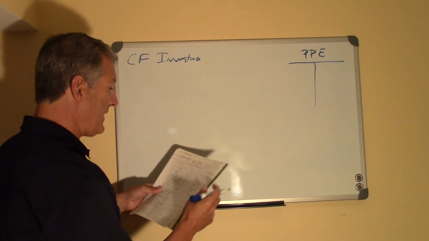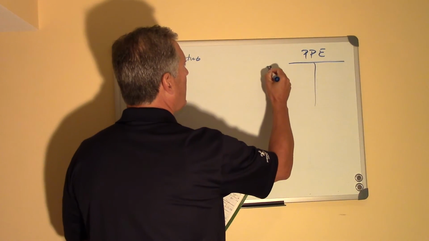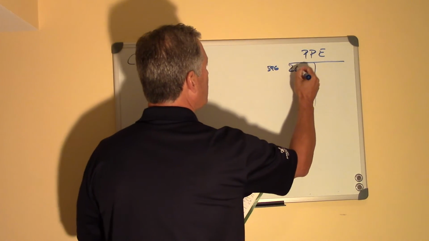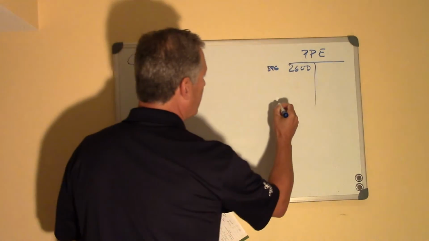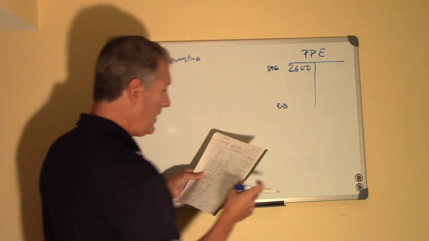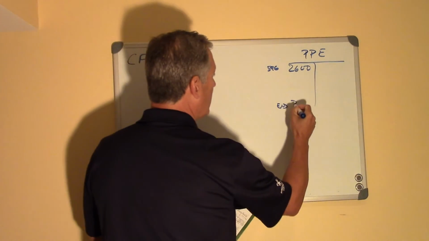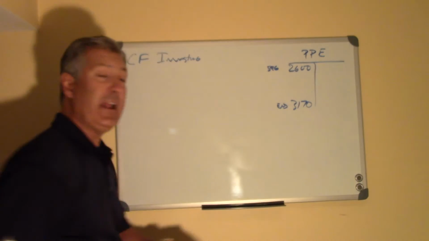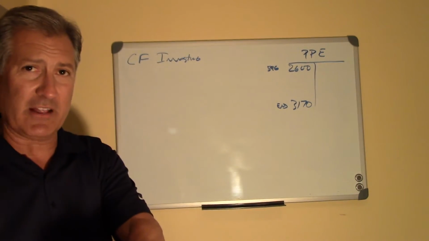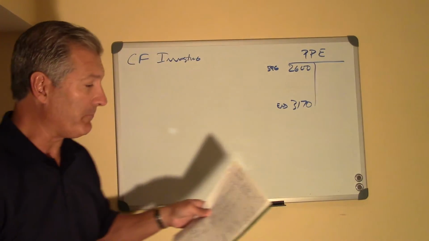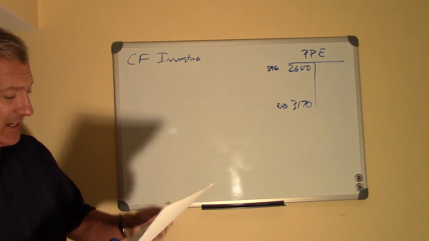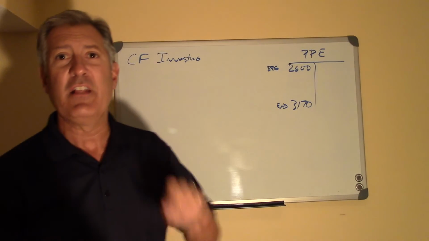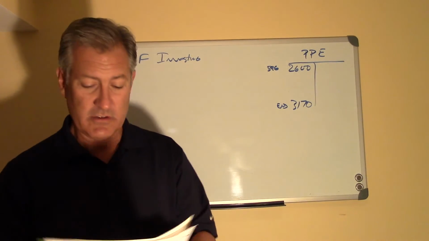And again, that equipment account has a beginning balance of $2,600. And it has an ending balance of how much? Of $3,170. Again, this comes right off of the comparative balance sheet that's given to you in the problem. But you know, by reading the additional information, specifically item C, that the company sold some equipment.